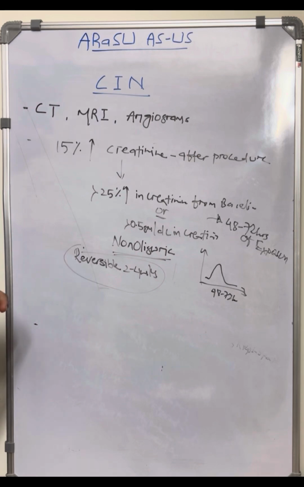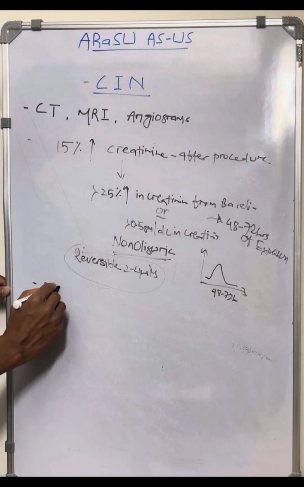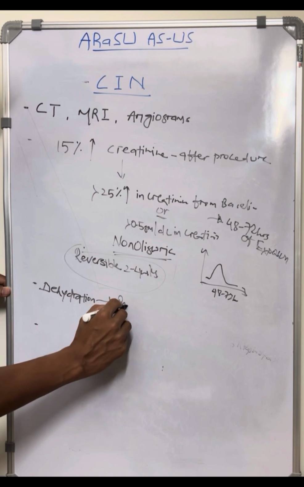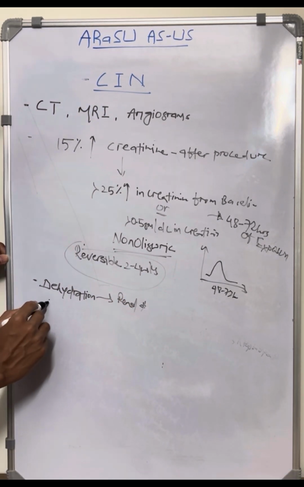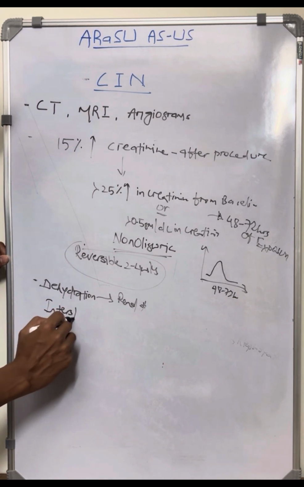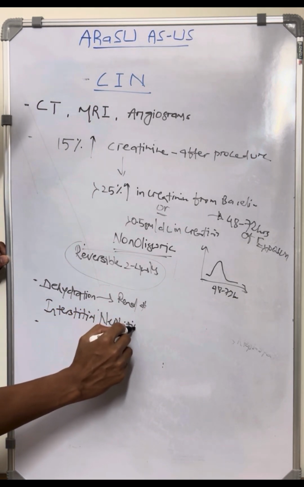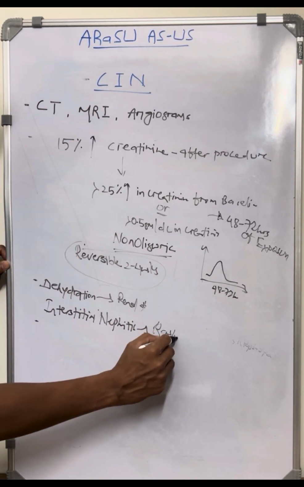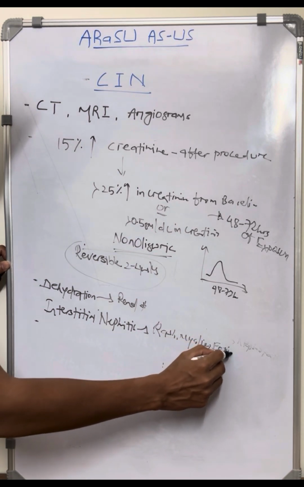But there are other mechanisms when we are using contrast which lead to nephropathy. One is dehydration, which can directly lead to renal injury irrespective of contrast usage. Then comes interstitial nephritis after using contrast. Here we can see rashes, myalgia, and eosinophilia as clues.